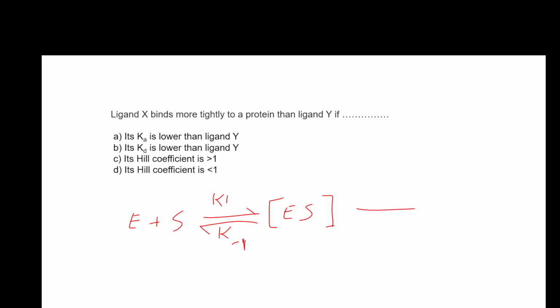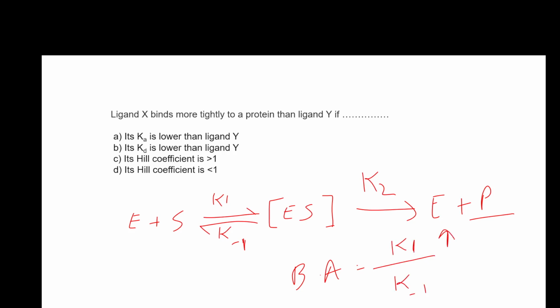And then we have K2, which is enzyme plus product formation. So our binding affinity is related to K1 and K inverse. The higher the association and the lower the dissociation, the more will be the binding affinity.